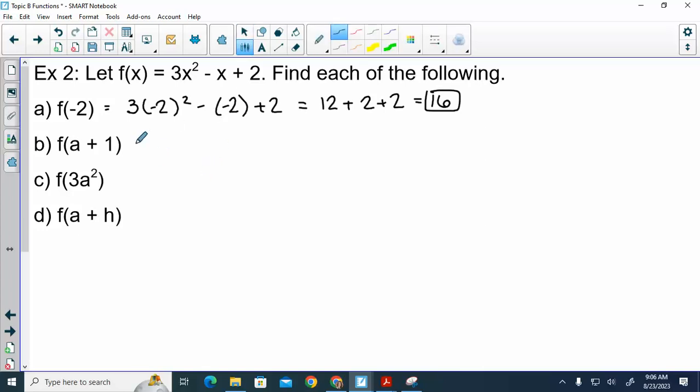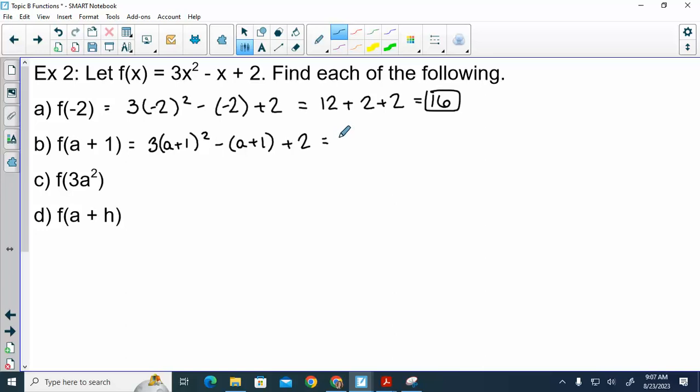F of a plus 1. What does that mean? So the x gets replaced with an a plus 1. Notice I'm writing it in parentheses so I can make sure I distribute everything I'm supposed to.